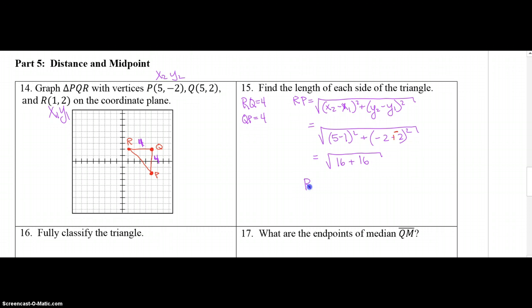So we get RP equals the square root of 32. Okay, now if you approximate that to the nearest tenth, we get 5.7.